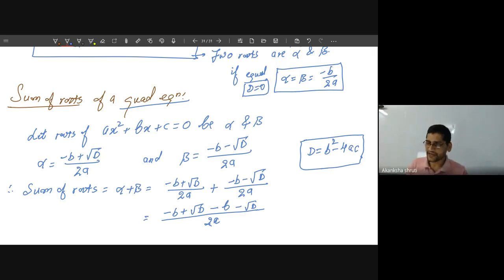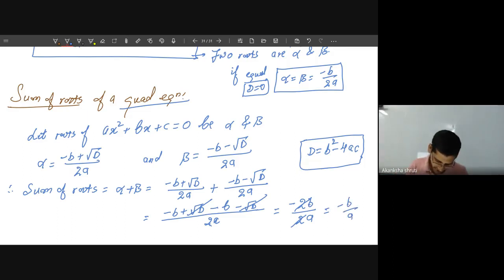Here these two under root D are of opposite sign, so they cancel. What is left? B and B, but both are negative, so minus 2b, and in the denominator 2a. Now the 2 is common, so minus b by a.